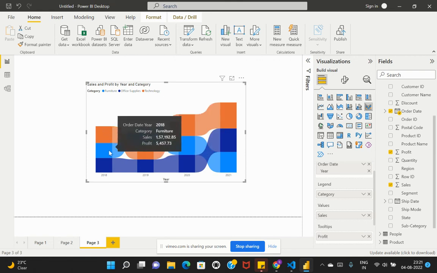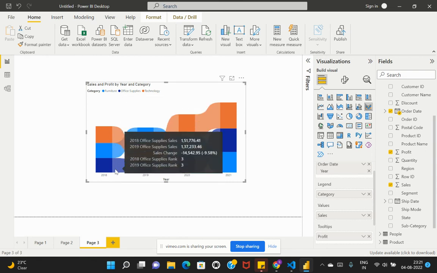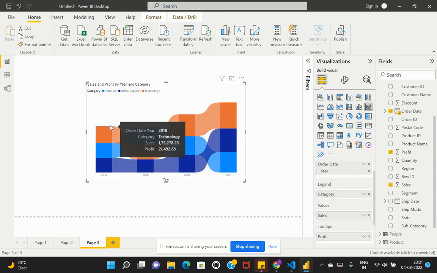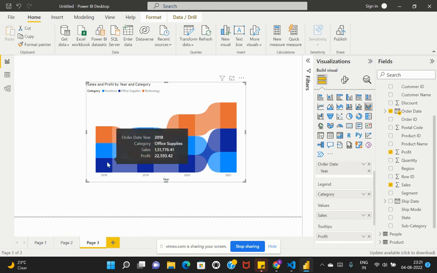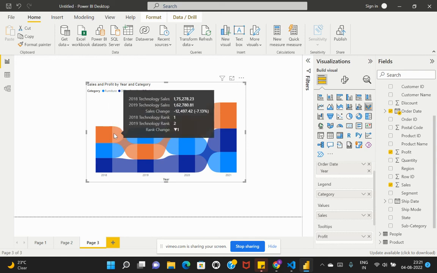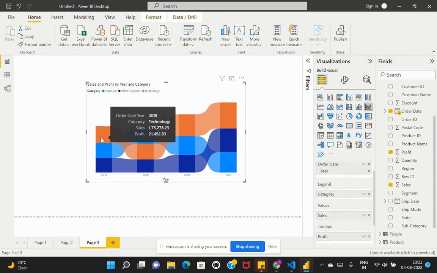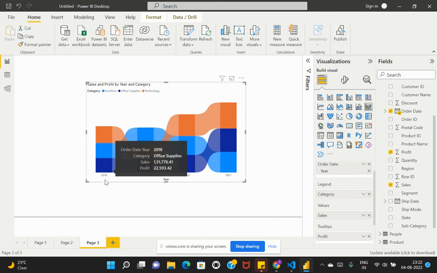Which means that individually for every corresponding period, it is trying to place which category had got the highest value within that particular time period. So for 2018, technology has got the highest value, and therefore it has been placed on the top when compared to the other two categories.